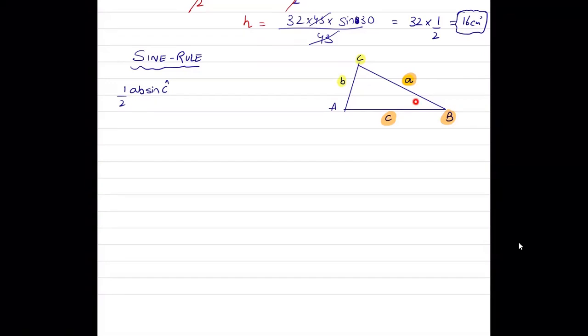Half times A times C times sine of angle B. Half times AC sine of angle B. Is that correct?